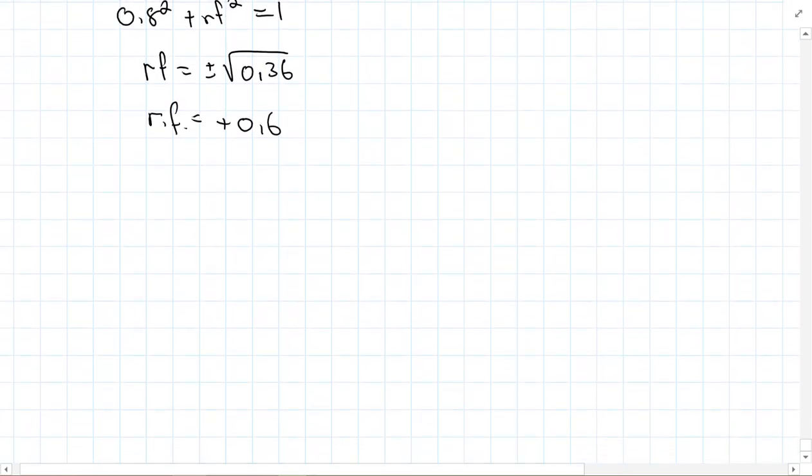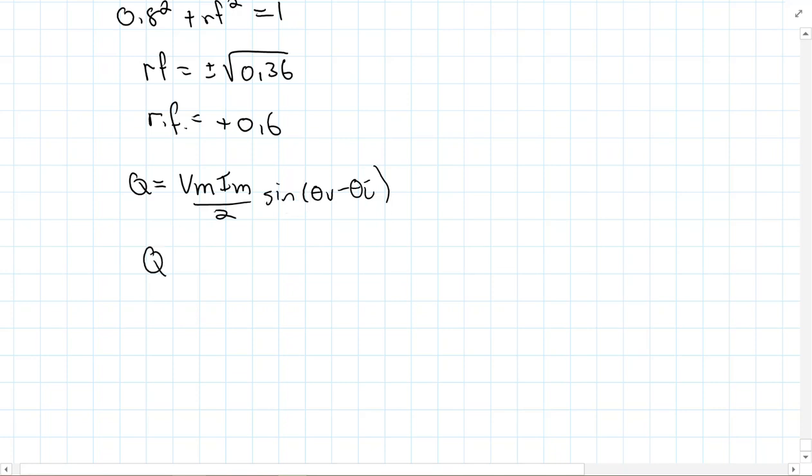And then to find Q, we can figure out Q if we know Vm Im over 2 times sine of theta v minus theta i. Not cosine, sine.